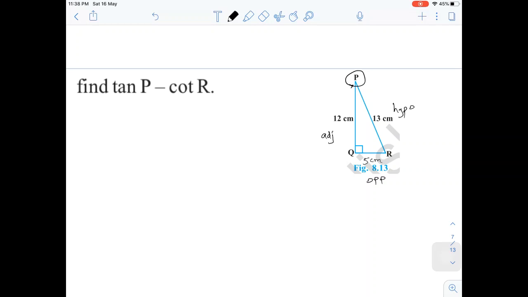Now, tan of any angle, we know the ratio, equals opposite upon adjacent side. In this triangle the opposite side is QR, and the adjacent side is PQ. Now, the value of QR is 5 centimeters and the value of PQ is 12 centimeters. So tan P will be equal to 5 upon 12.